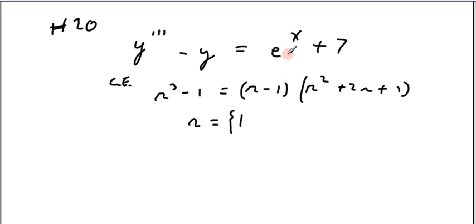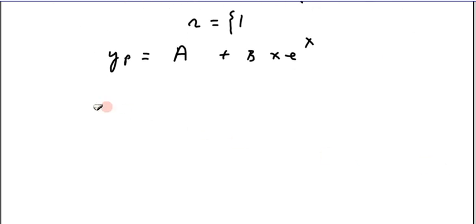So we'll have to factor that into our answer. So we're going to say that y sub p is equal to some constant, a, plus b x e to the x. If I had a c e to the x, it would just go away, because it's part of the homogeneous solution, so I don't have to use it.